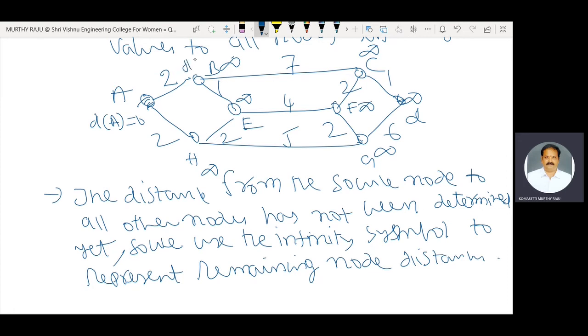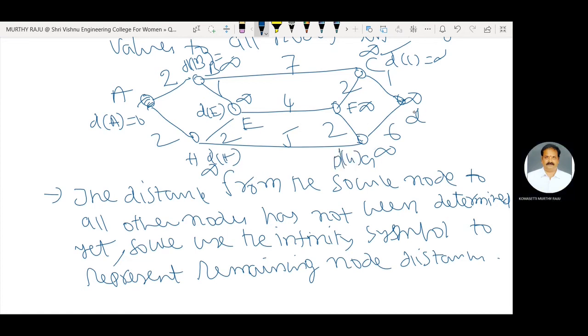That means d of B is equal to infinity, d of C is equal to infinity, d of E is equal to infinity, d of H is equal to infinity, d of G is equal to infinity, d of D is equal to infinity, d of F is also infinity, like that. Only the source node is assigned 0 distance. That means in this example A is 0.